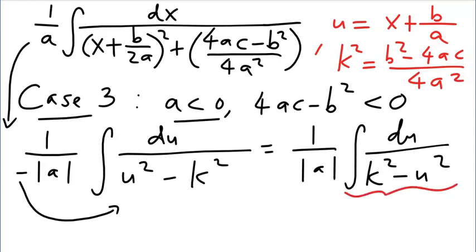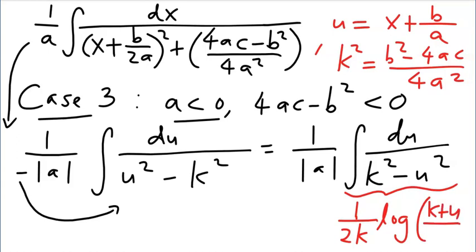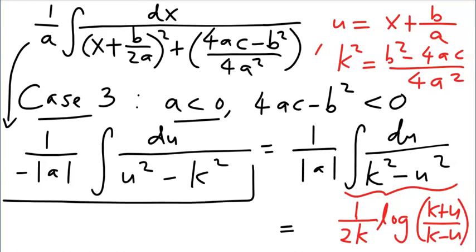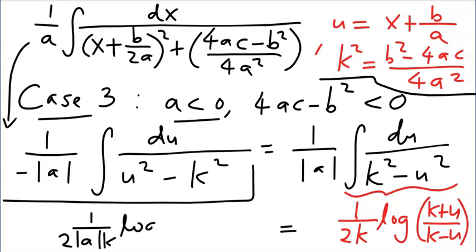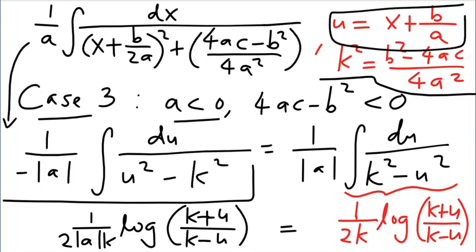And the result for this integral is 1 over 2k natural log of k plus u over k minus u, which then yields 1 over 2 magnitude of a times k, where k squared is defined by that, natural log of k plus u over k minus u, and u is defined by that variable.